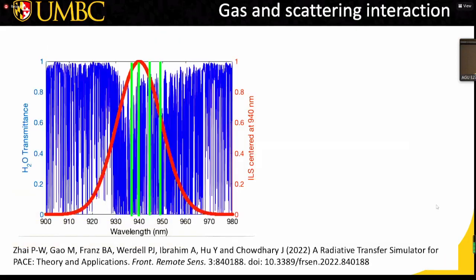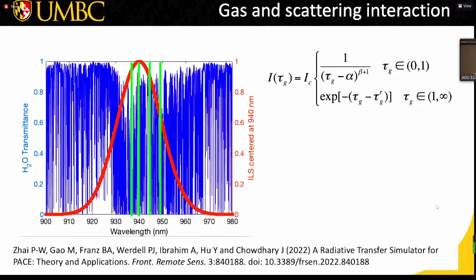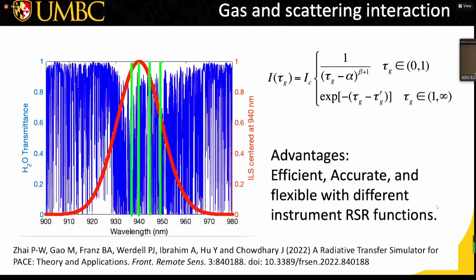Talking about how we convolve the gas absorption with the scattering, I take an example of the strong water vapor absorption band. In this band, you can see it's very dense. If we do monochromatic hyperspectral line-by-line simulation, this is going to be very, very expensive. So in order to resolve this, we use a parameterization scheme. Basically, we parameterize the radiance field as a function of absorption optical depths.